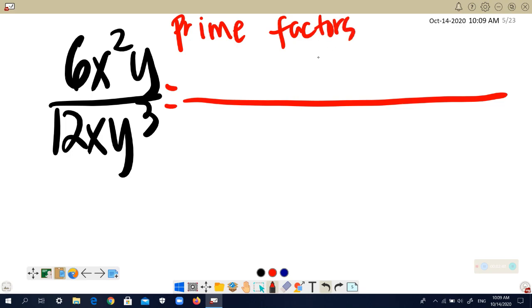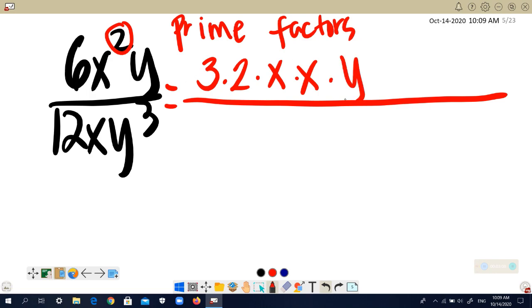Prime numbers are numbers wherein they have no other factors except 1 and itself. So, 3 and 2 will be used as the prime factors of 6. And then, to factor out x squared using the law of exponents, you will have x times x. And then we only have the exponent of y is 1, so you only have here y.